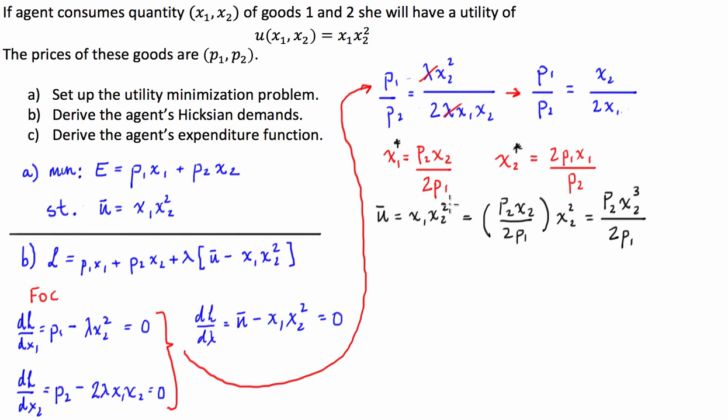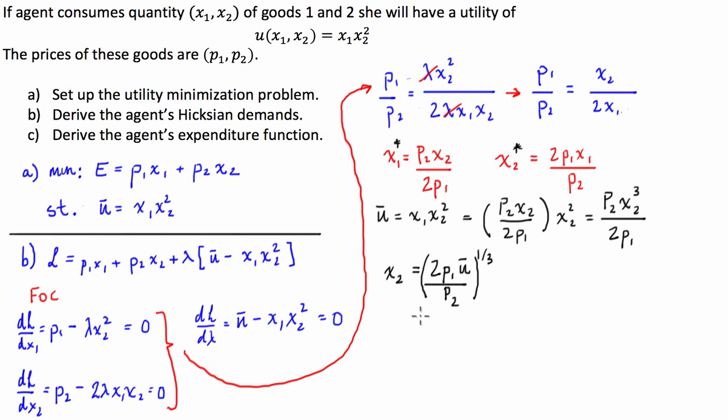And remember it's just u equals this. So we're going to go x2 is equal to 2p1 u over p2, and this is all to the power of 1/3, or it's the cube root.